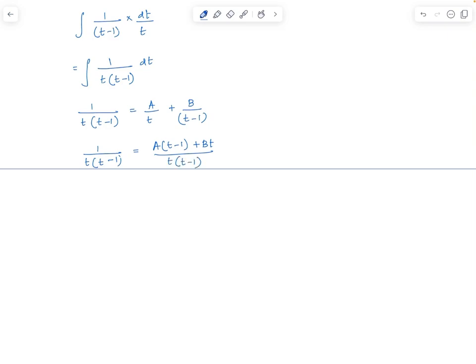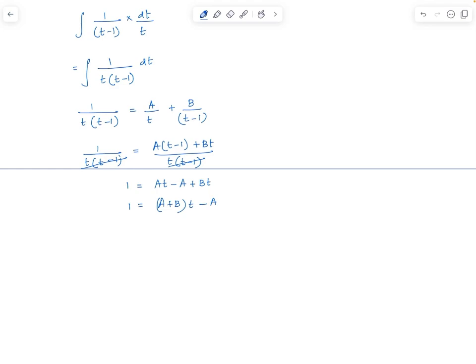Now that the denominators became equal, they can be cancelled. 1 is equal to at minus a plus bt. That is 1 is equal to a plus b times t minus a.